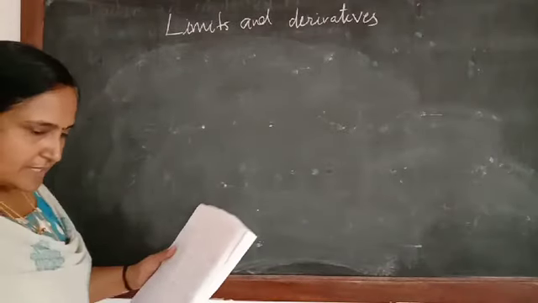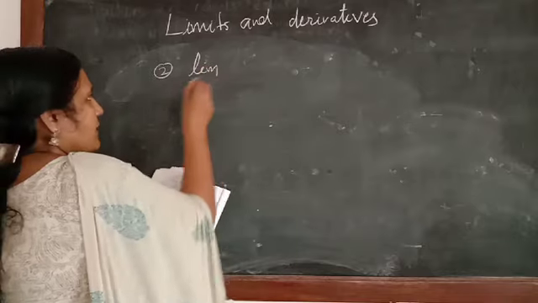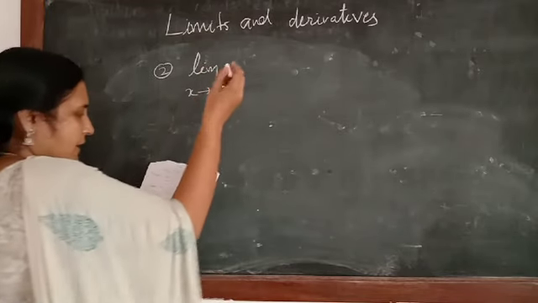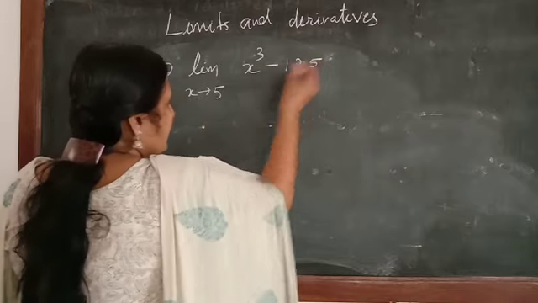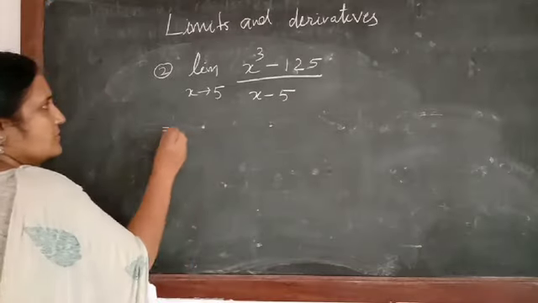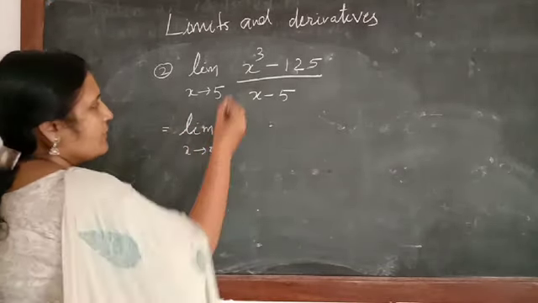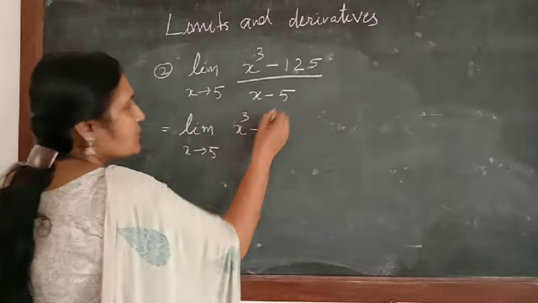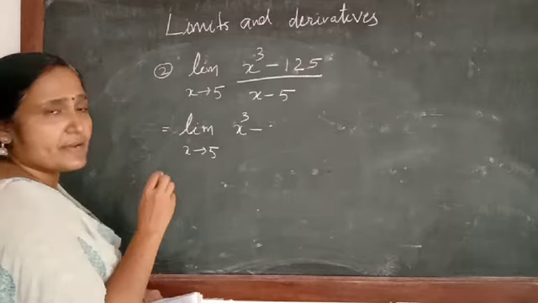In the next question it is written, evaluate limit x tends to 5, x cube minus 125 by x minus 5. Rest everything is okay. Now what do we have to do here? If x cube is written, this expression also should be written as cube only. 125 is the cube of 5.